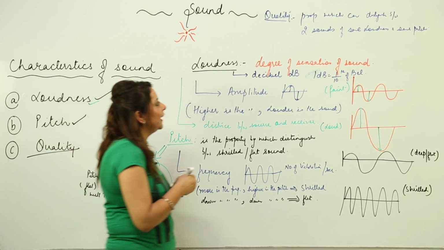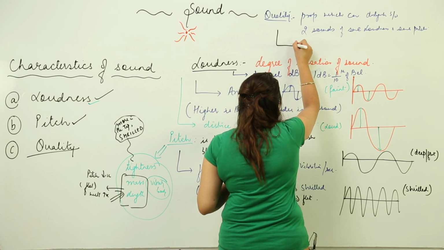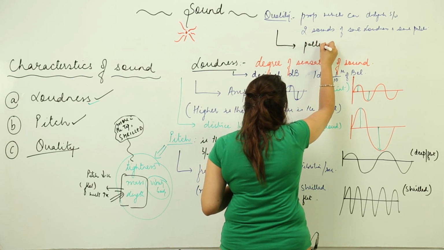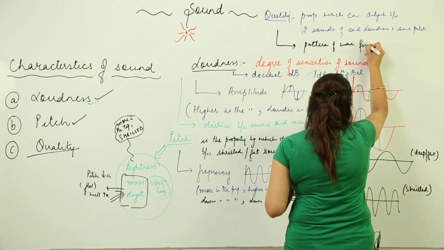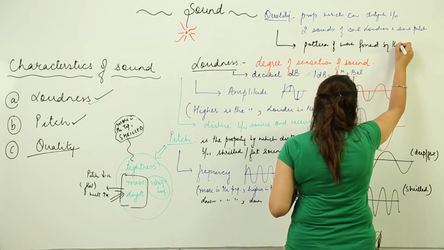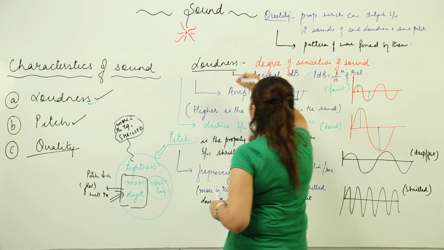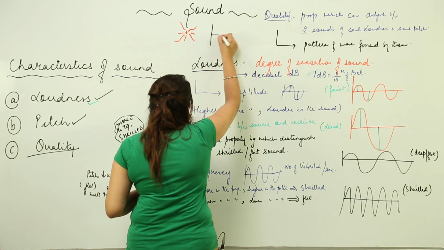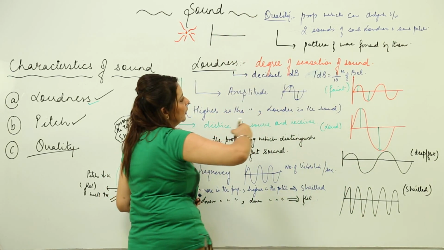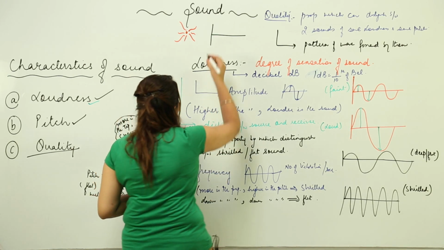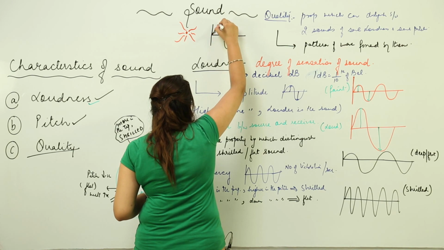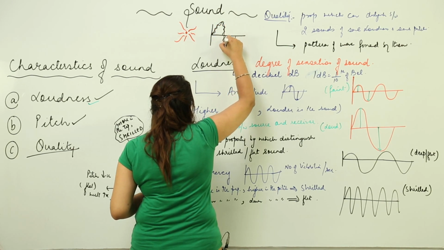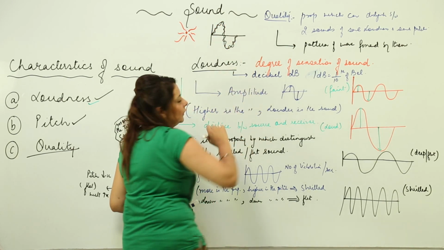Now, what is the reason that we can distinguish? It is due to the pattern of the wave formed by them. Suppose I draw a graph for the guitar sound. So let's say suppose this is a wave. Let's say the guitar sound waveform is like this. This is just an example.